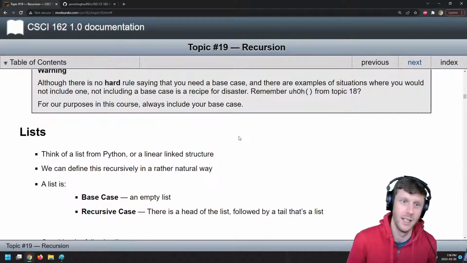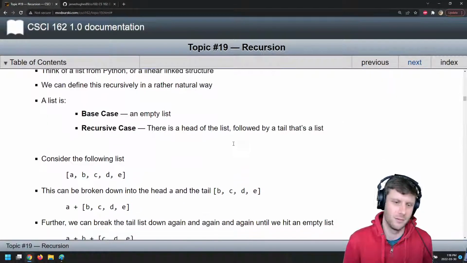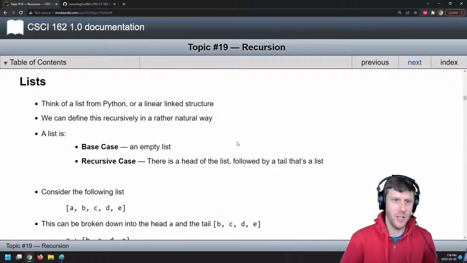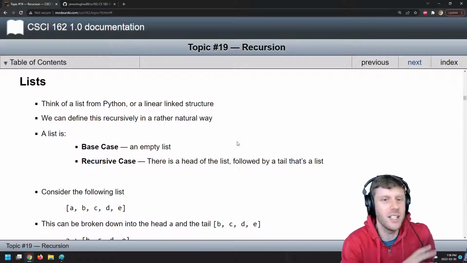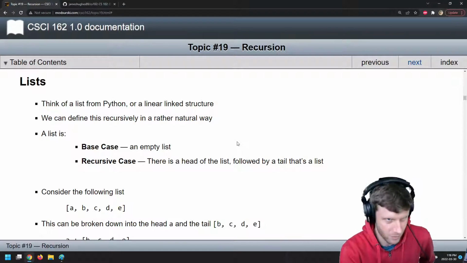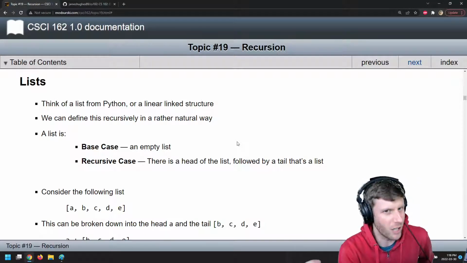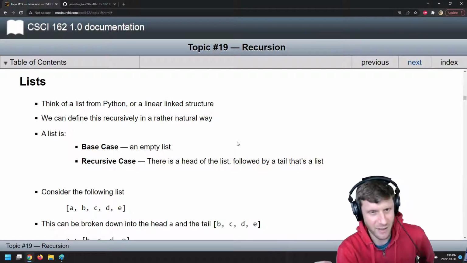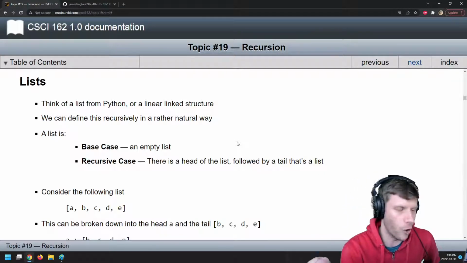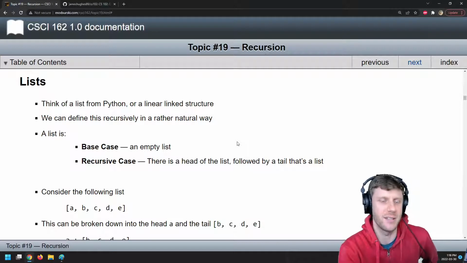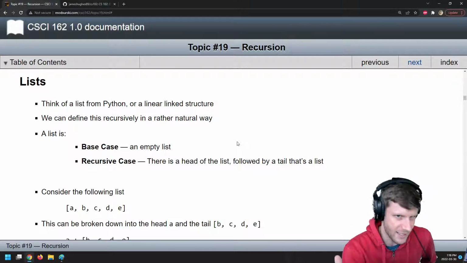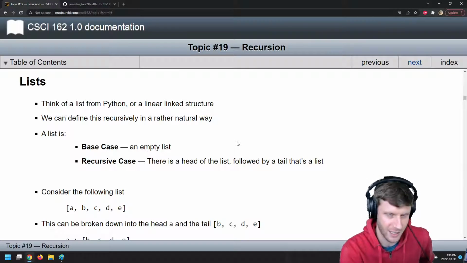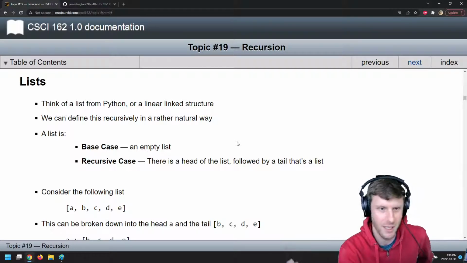All right. Yeah, so recursion. Now, if you think of lists from Python or any linear linked structure that we've talked about, we can define this recursively in a rather natural way. So a list, or a series of linked nodes, is, I'll talk about this in reference to a list specifically, but it's true for a linked series of nodes.